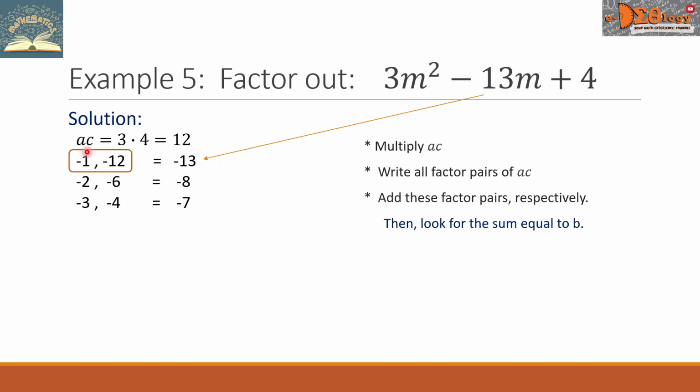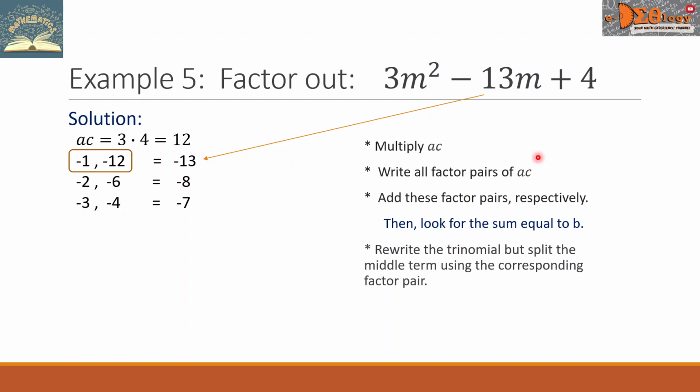Therefore, we need this factor pair, the negative 1 and negative 12. We're going to rewrite now this trinomial, but split the middle term using this factor pair. So we have this 3m squared. This negative 13m becomes negative m minus 12m. And the plus 4 is here.